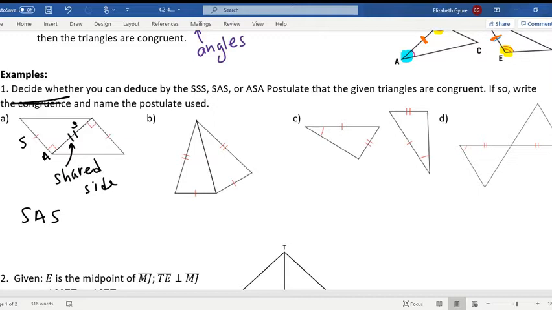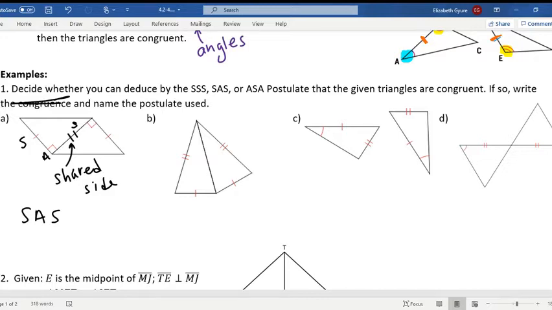This is a side angle. I mean, usually one of them does not work.